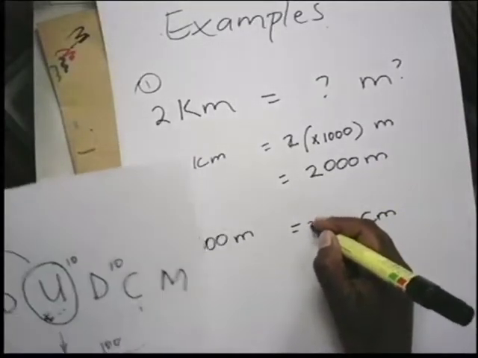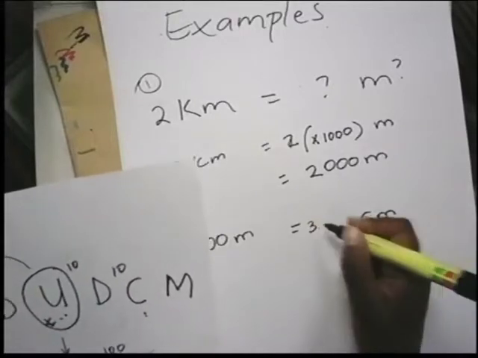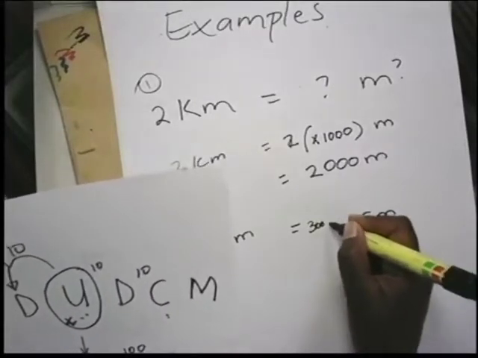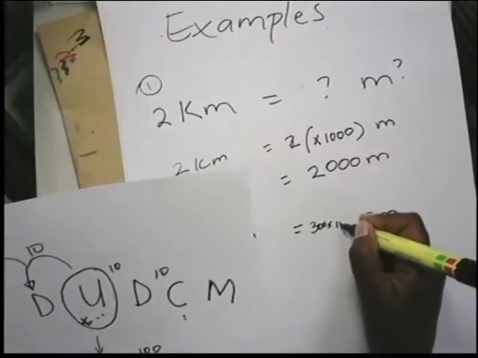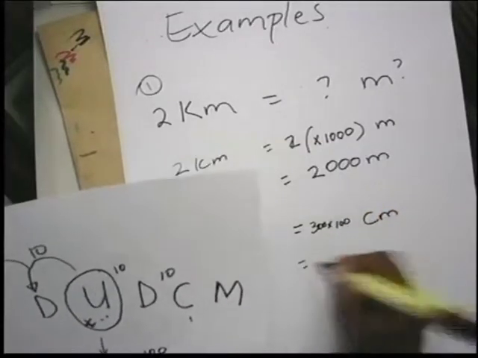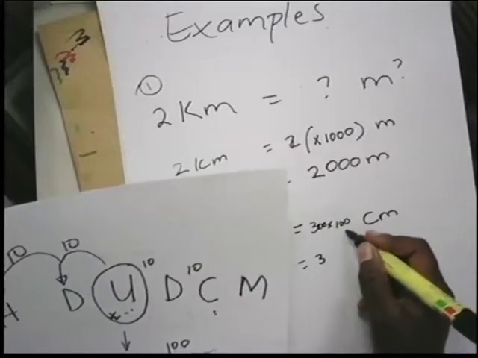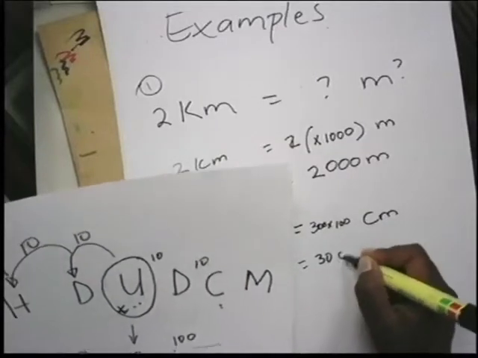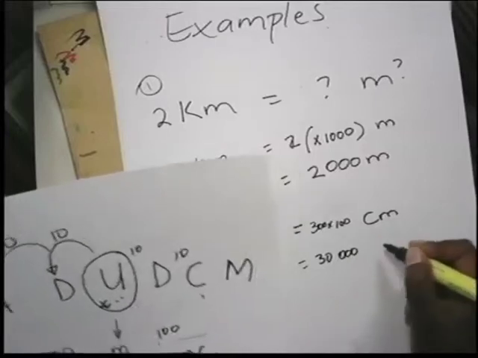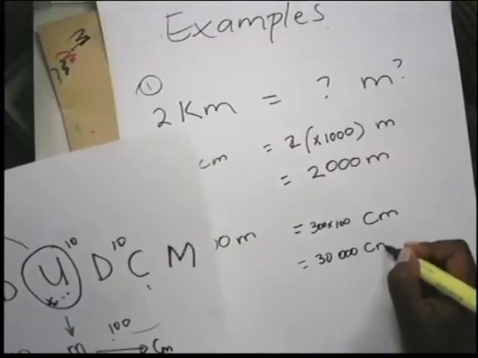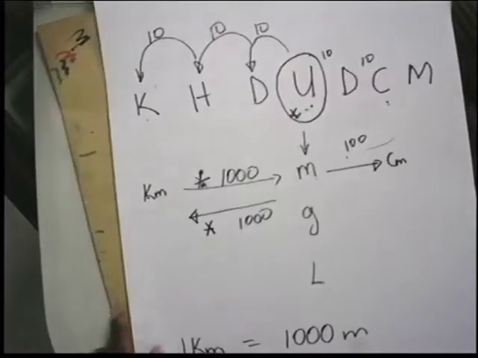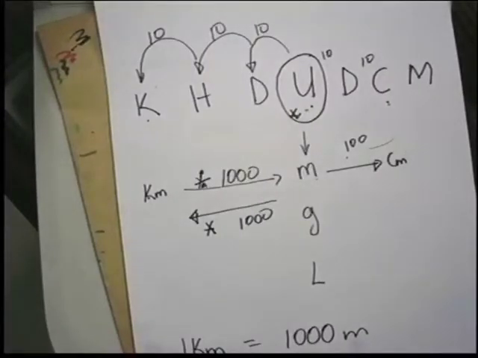This is 300, and we are multiplying by 100. Then it gives us 300 times 100, which will be 30,000 centimeters. So that will be our answer, because when you are moving from big to small, you must multiply.